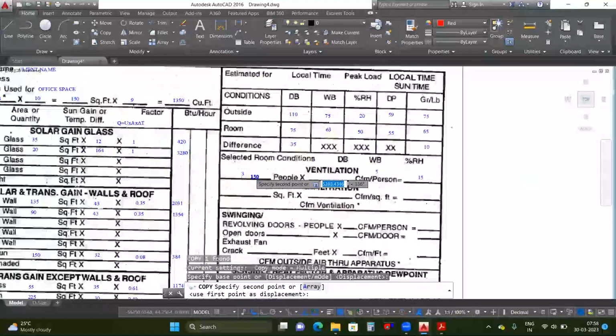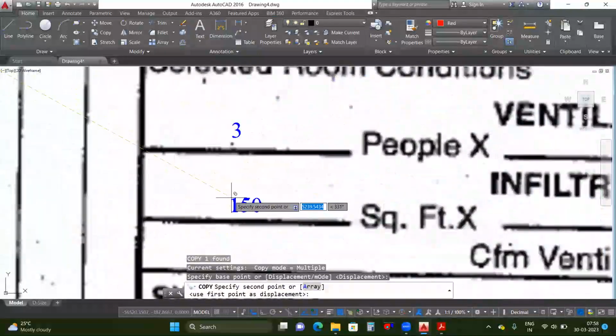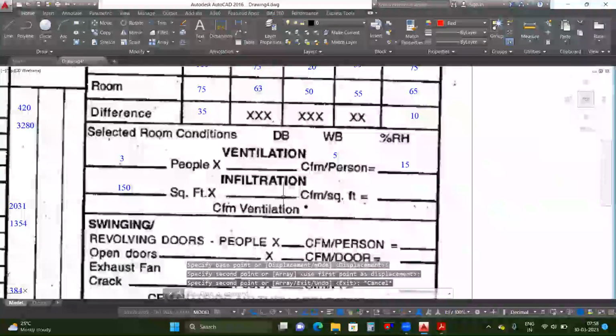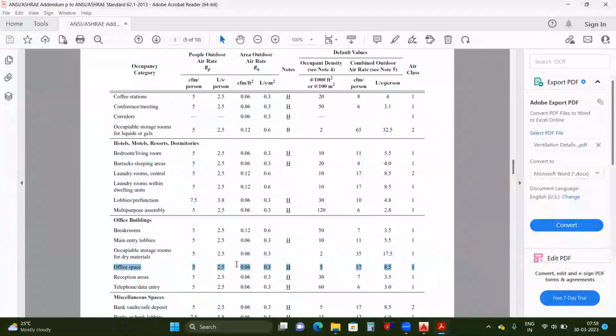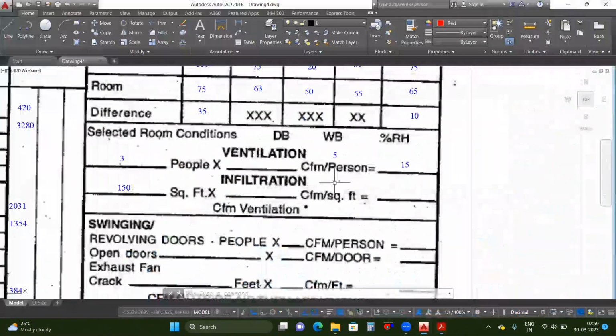This is the area of the room, nothing but. Okay, 150 square feet multiplied by CFM per square feet, and we need to take it from the data. CFM per square feet is 0.06. You can see here, CFM per square feet 0.06.